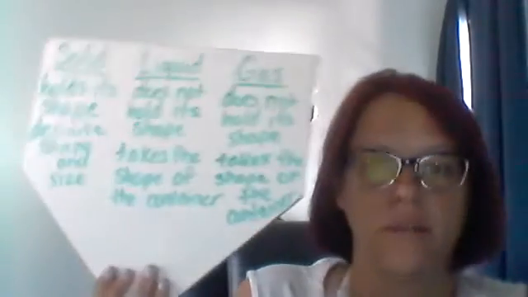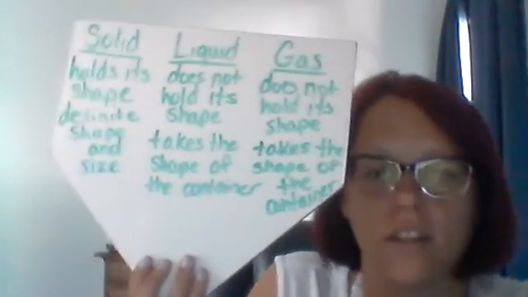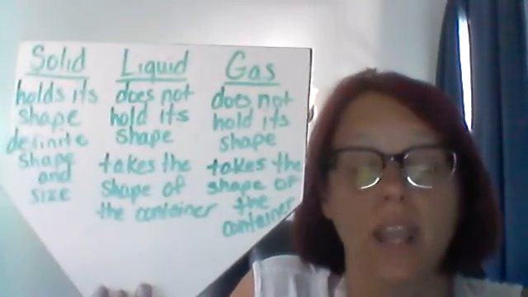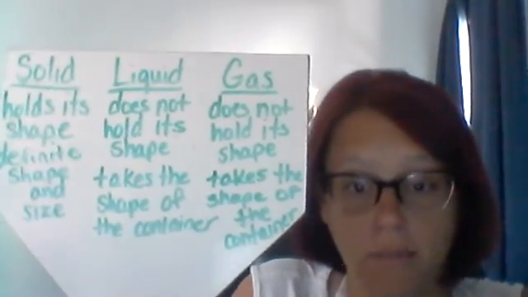It's spreading out everywhere. So again, gas takes the shape of the container, and I want you to think about a balloon in this aspect because that's the best representation. There's helium inside that, and it takes the shape of that balloon.